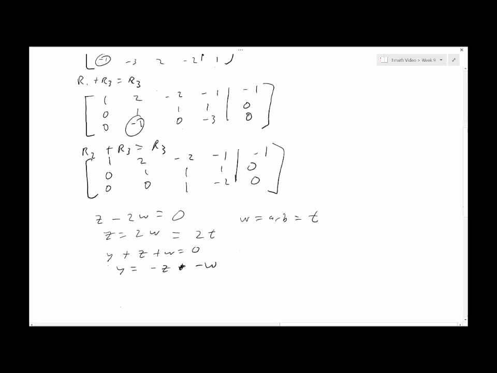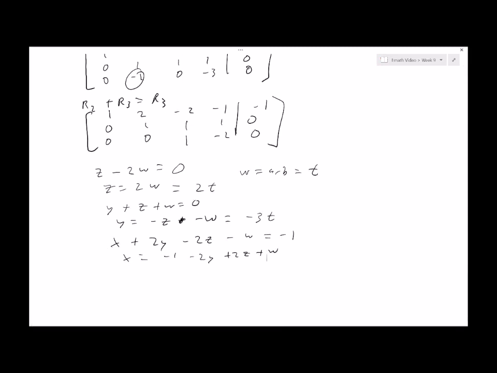Plugging that in, we're left with negative z, which is negative 2t, minus t, is negative 3t. And now we're left with x plus 2y minus 2z minus w equals negative 1, or x equals negative 1 minus 2y plus 2z plus w.